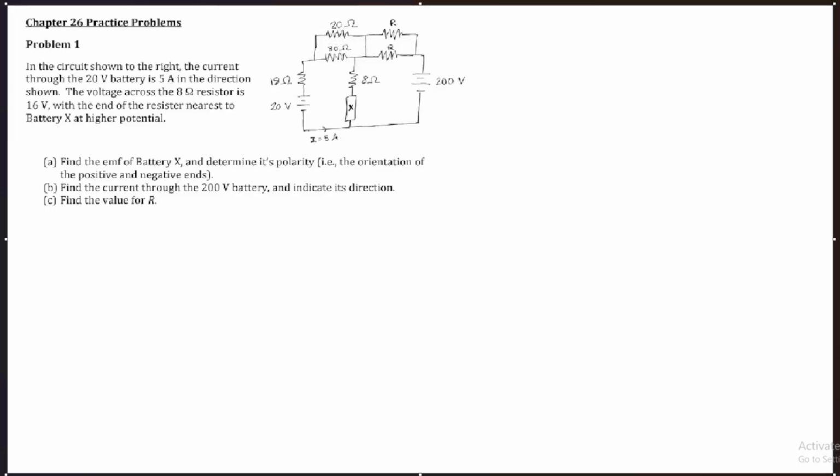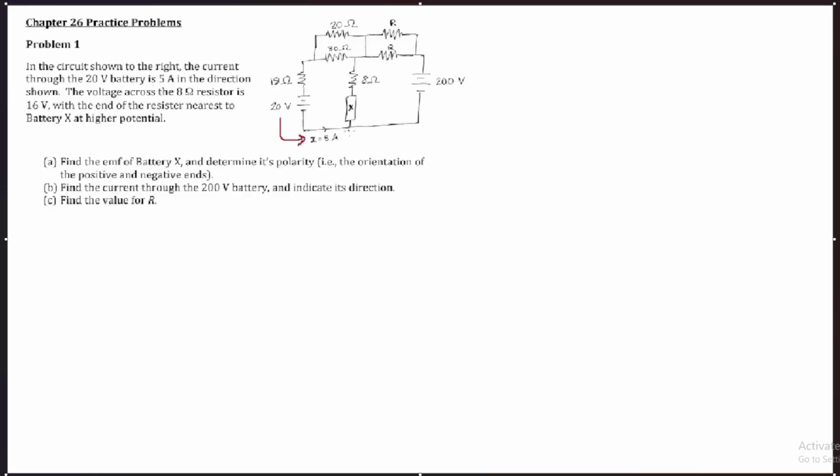As for A, to find the EMF of battery X and determine its polarity, first let's read our knowns. We have I is equal to 5 amps. This is the current flowing through the 20 volt battery.